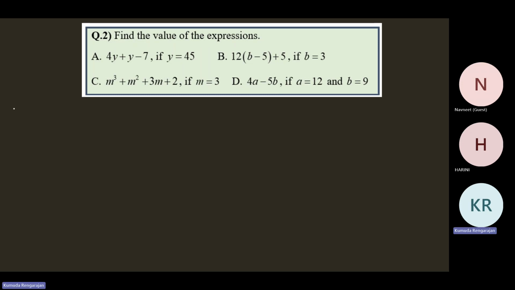So Harini, tell me the first one. Ma'am, can I do? No, you'll also get your chance. You can do B. Okay, ma'am. Ma'am, first 4y plus y. That I've already written. Continue. What do you mean by 4y? 4 into y, right?